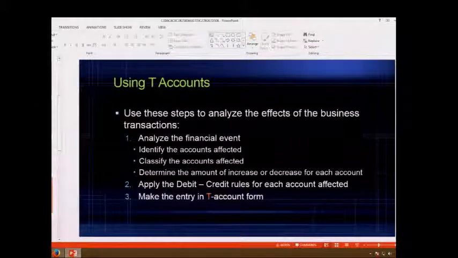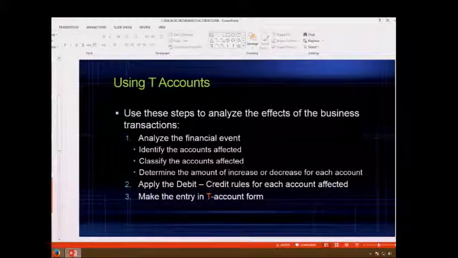The next thing is, both of those A's, one of them should be a debit and one of them should be a credit. So if you have 2 debits, if the letter A is on the left-hand side both times, that helps you find your mistake, right? The other rule is they have to balance. So if letter A is $10,000 and the other letter A is $11,000, that's not going to work, right?